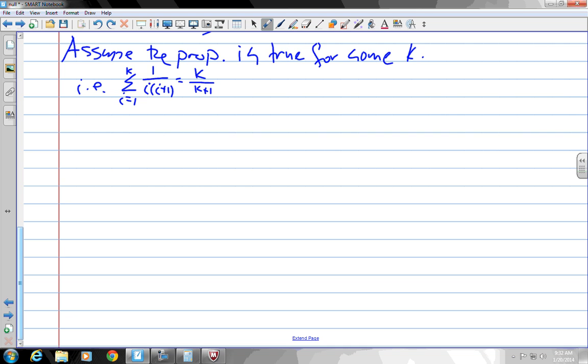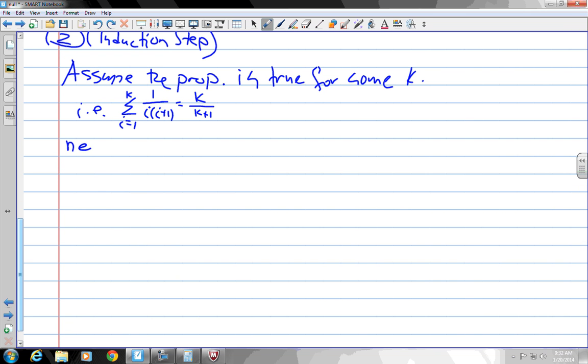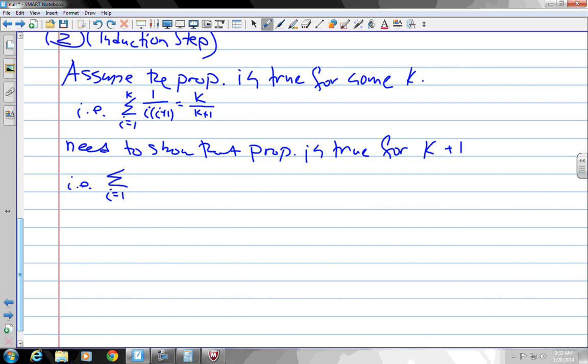Now we need to show that the proposition is true for k plus 1. Meaning, we're going to show that the summation as i goes from 1 to k plus 1 of 1 over i times i plus 1 equals what?